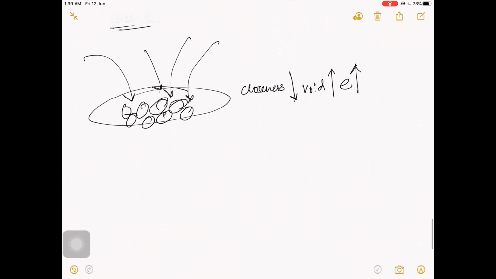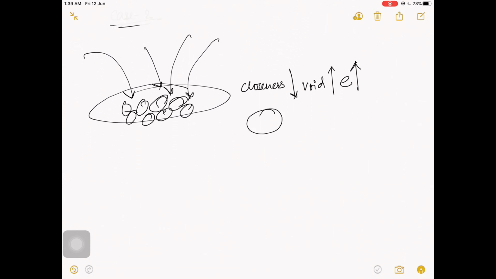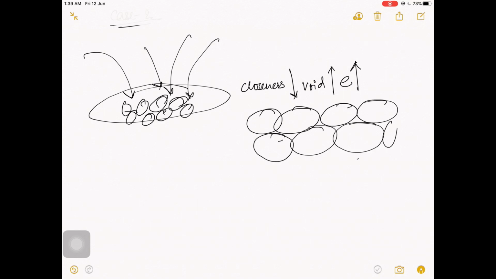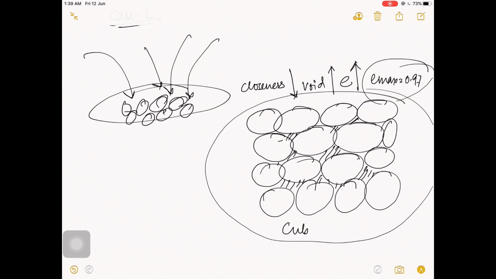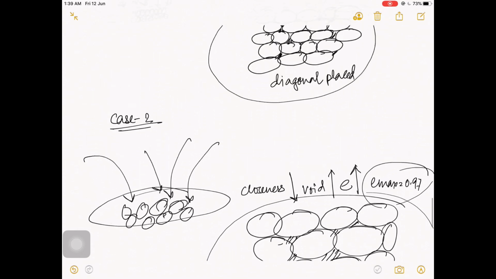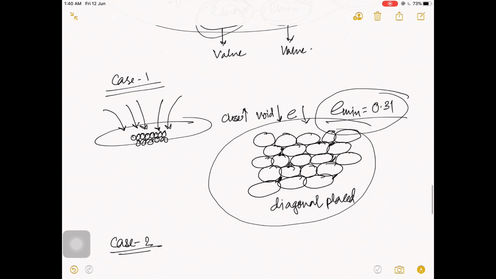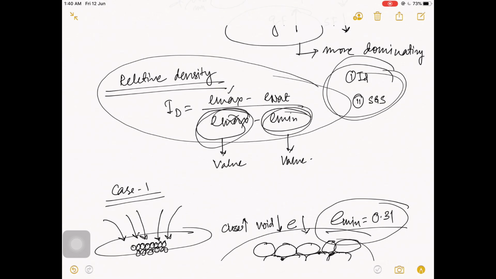Practically or empirically, if soil particles are in cubical format, their void space is much more, and that is the maximum, and that Emax is equal to 0.97. I also talked about this in a previous video, and this is known as cubical placement. In this manner we get the Emax value as well as the Emin value.